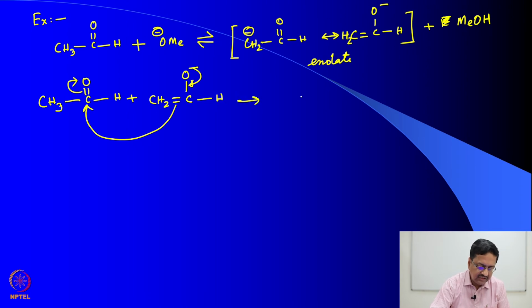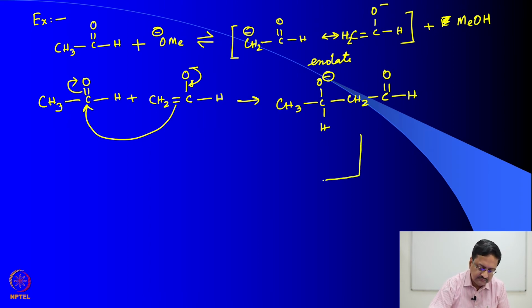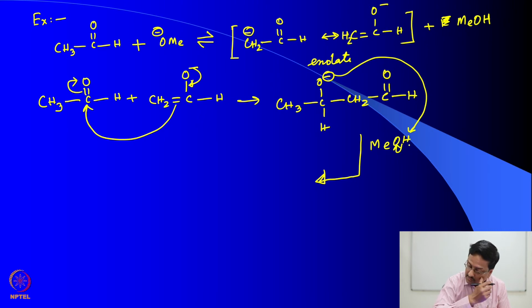It forms the alkoxide, and this alkoxide then reacts with methanol to abstract the proton from methanol, and the methoxide ion, sodium methoxide, is generated back.